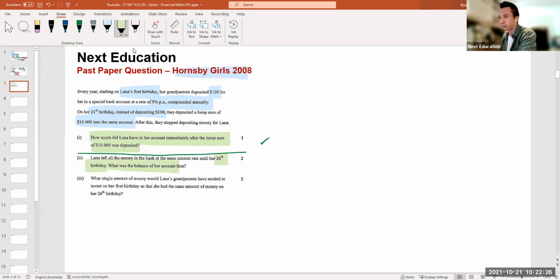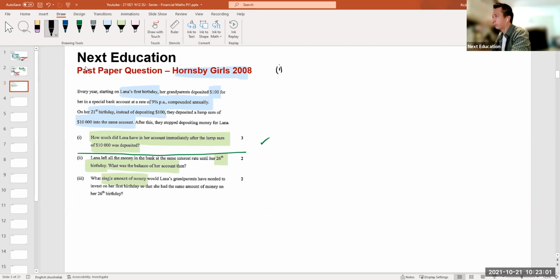And part 3, what single amount of money would her grandparents have needed to put in on her first birthday so that they had the same amount at her 26th? So you calculate a number for number 1, leave it till the 26th birthday, and then calculate what one lump sum they could have put in at the start that would have given the same amount. I love this. It's all connected. So once again, let's focus on part 1.